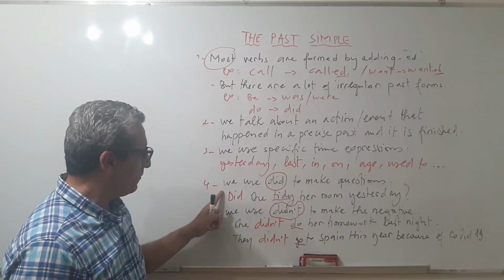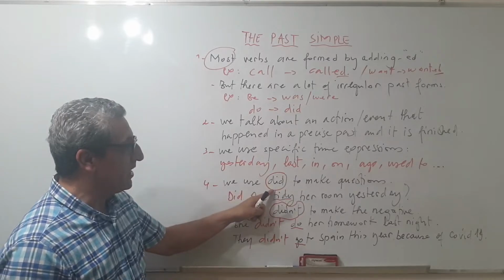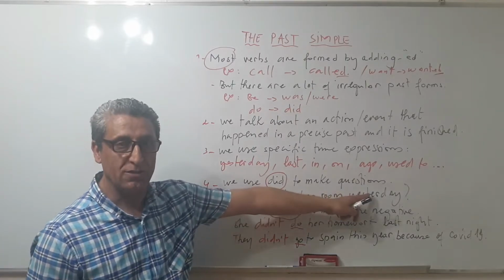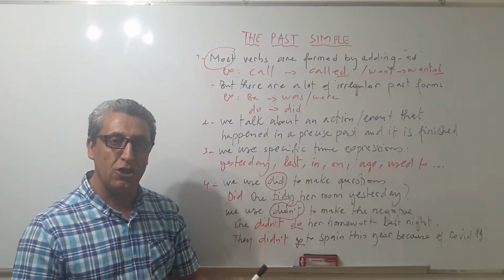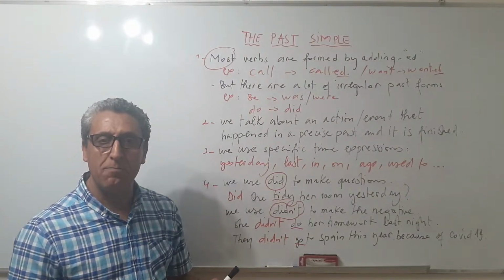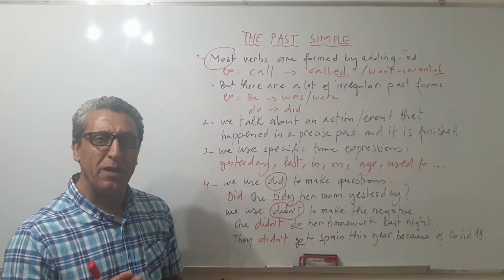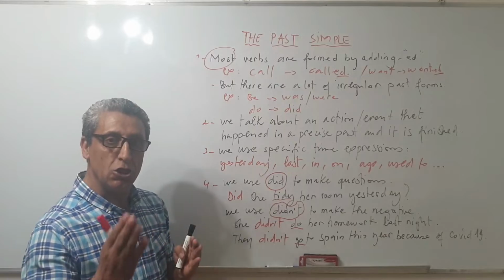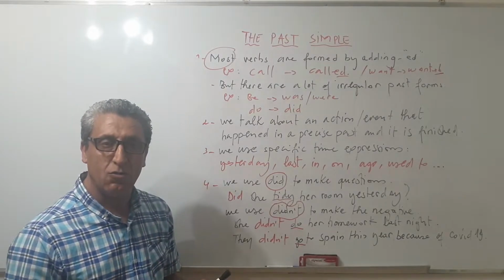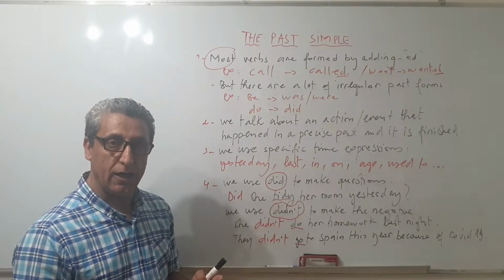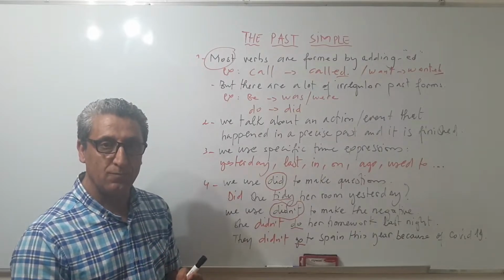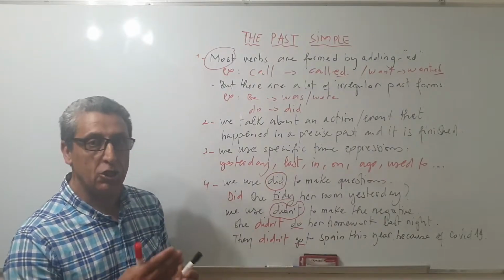We use did to make questions. Remember with the present simple we say, for example, do you speak English? It's a question, and we need to use do in the question. So it's do you speak?